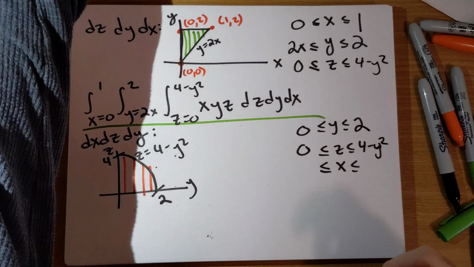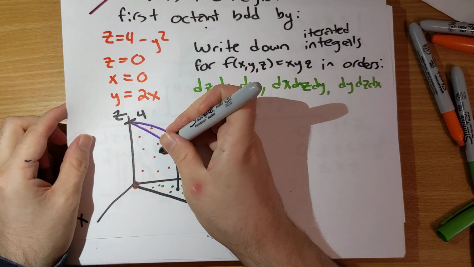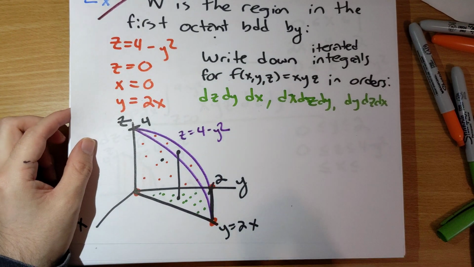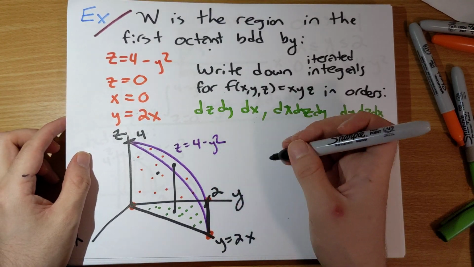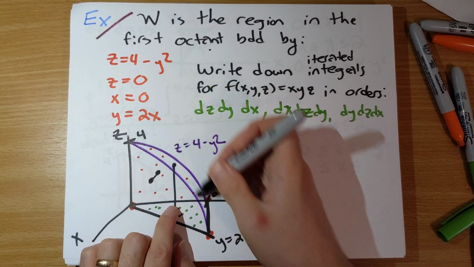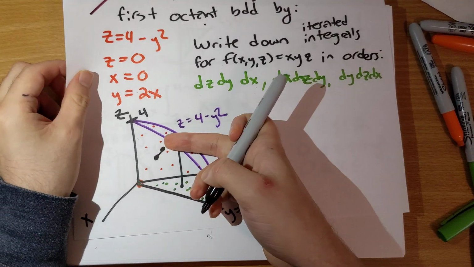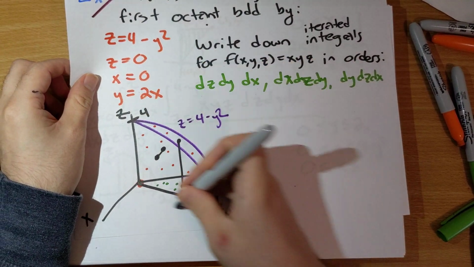Okay, and then now we need to think about what are the bounds on x. So for a fixed point in the YZ plane, this is when x is equal to 0. And then we go until we hit this surface right here.